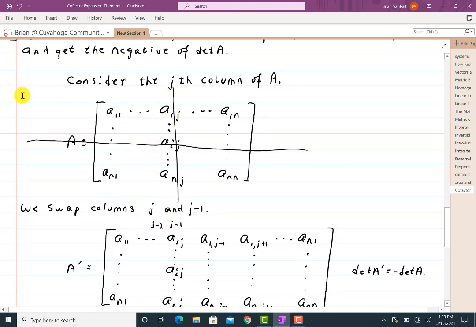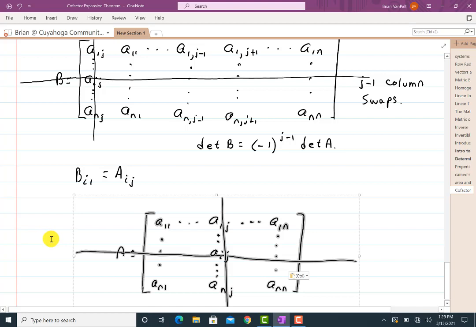So let me take these with me. So when I look at the two of these things, I go from A11 to A1N, but there's no column J. A11 to A1N, no column J. No row I, no row I. So you can see that these two things are the same thing.